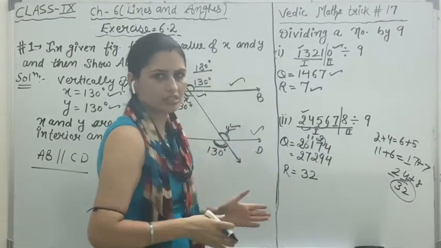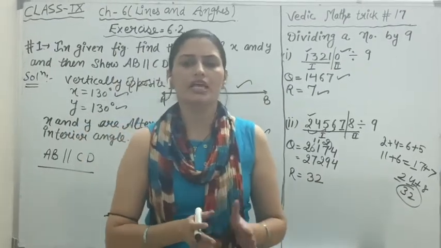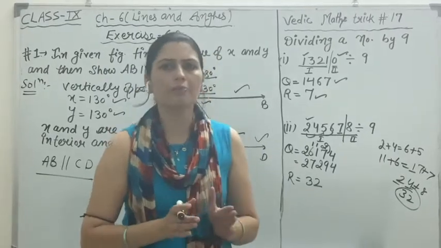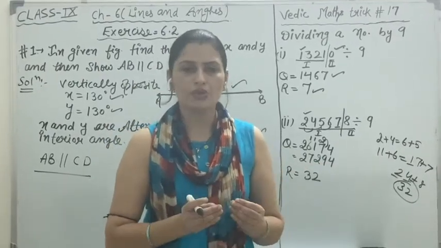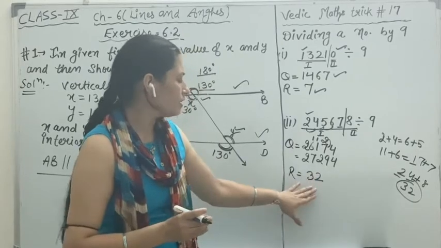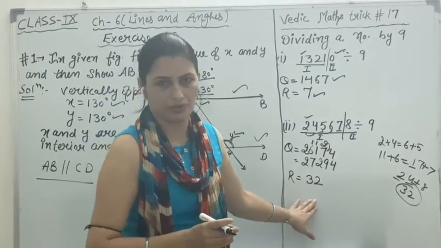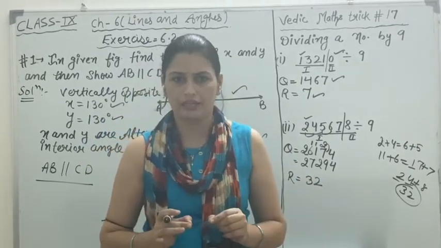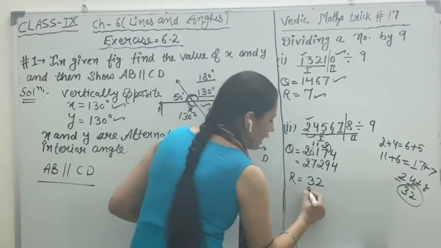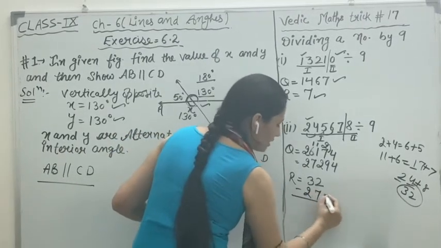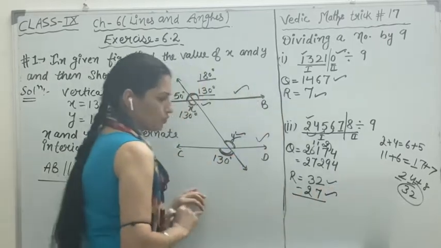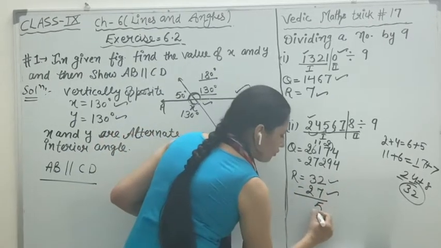But this is not possible because we already discussed that the remainder cannot exceed the divisor. So we subtract 3 times 9, that is 27, from 32, and we get 5.